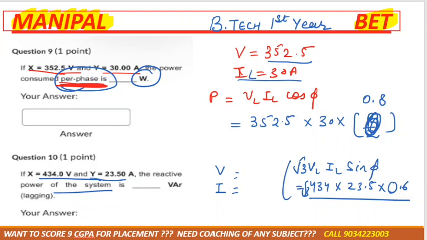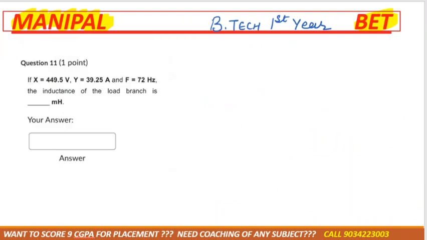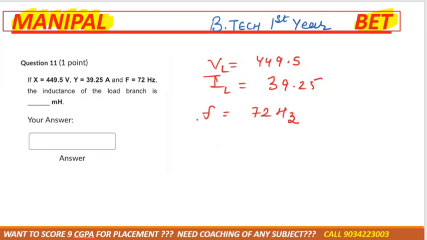Okay, fine. Now the next part, again they change. 449.5, current is given 39.25, VL and IL. Frequency also they have mentioned, 72 hertz. Inductance, so we need to calculate impedance, right? Now the formula VPH is equal to IPH into ZPH.